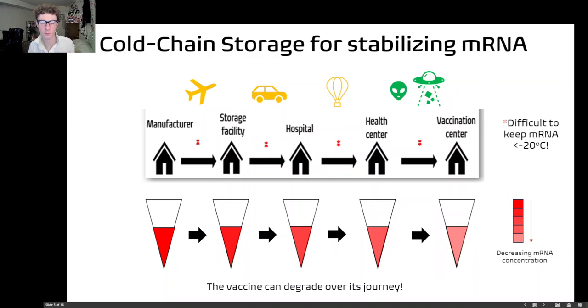Ideally, what we want to do is throw this vaccine on the shelf and not have to worry about it degrading for days or weeks. If you do it now, it will degrade in hours. So we want a method where we can stabilize a vaccine at room temperature conditions before it goes into use.